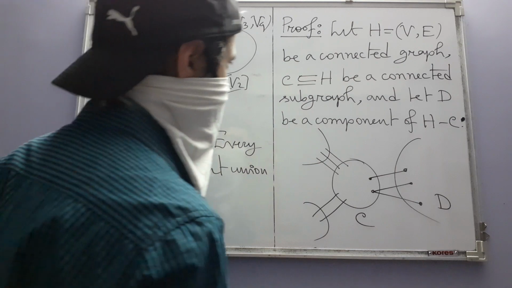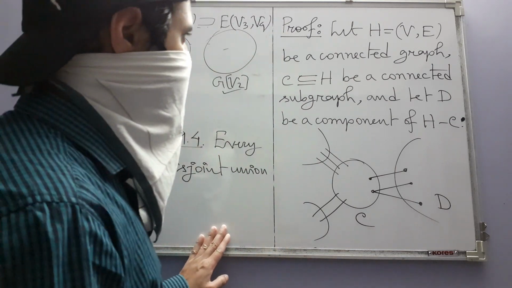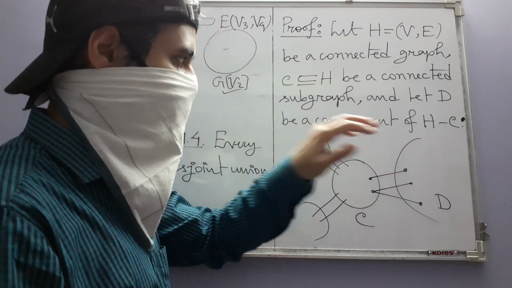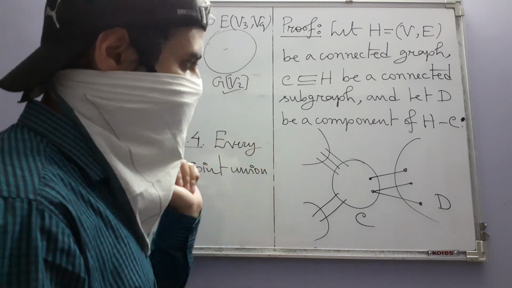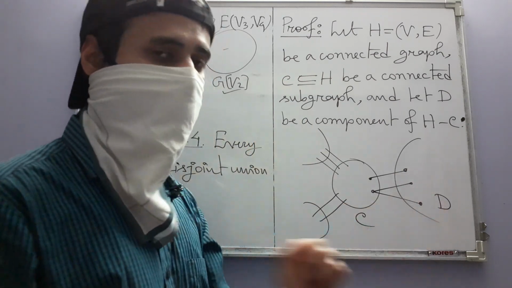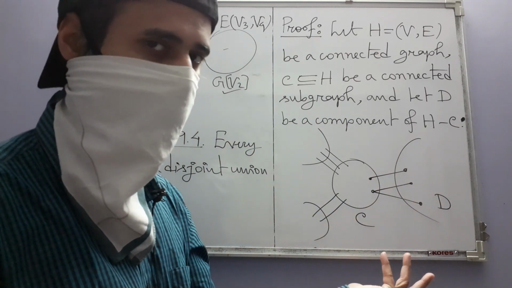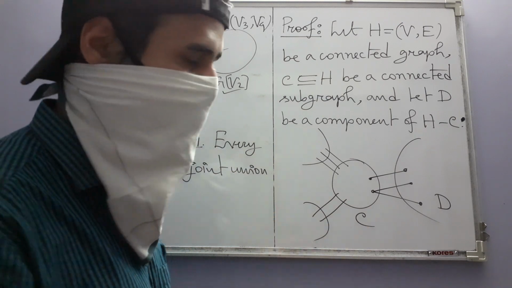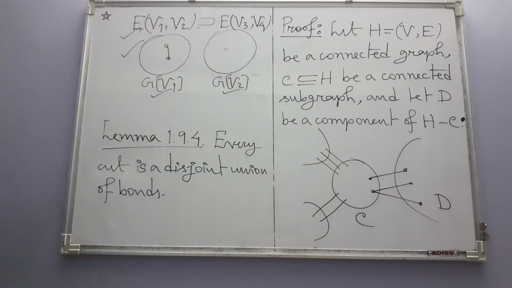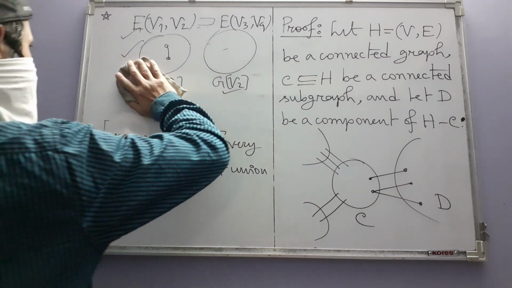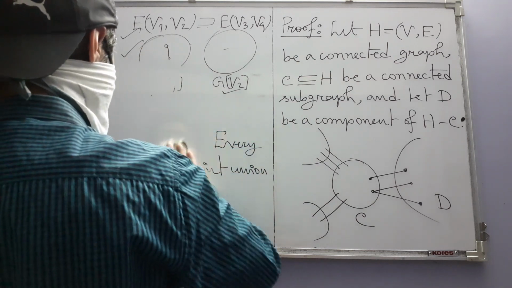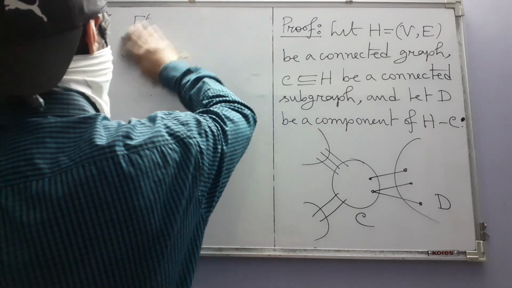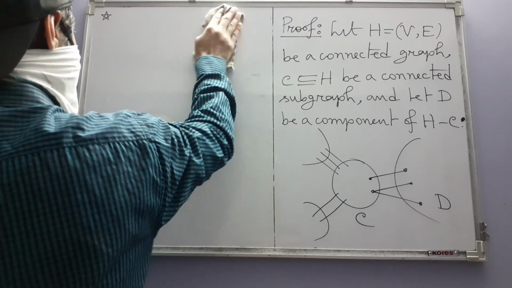Okay, so now let us continue with this one. If we take out this C from H, then we are left with something, and in that something, this D is a component. D may be the only component, right? These other places may not exist, but at least D is there. Now, in this situation, what can be said about this next thing?